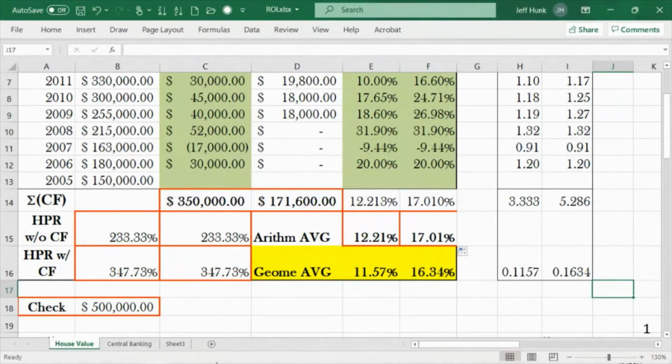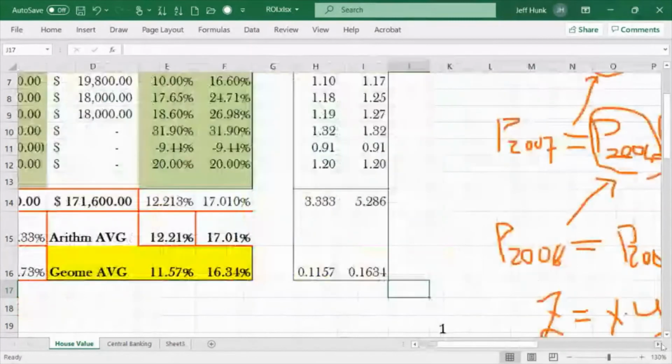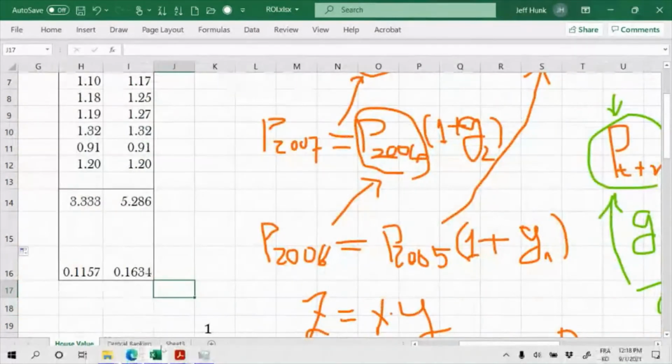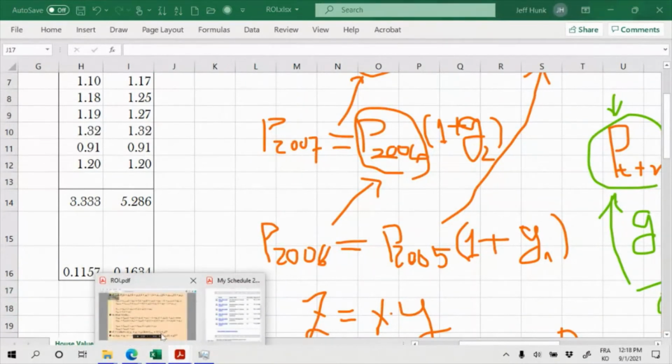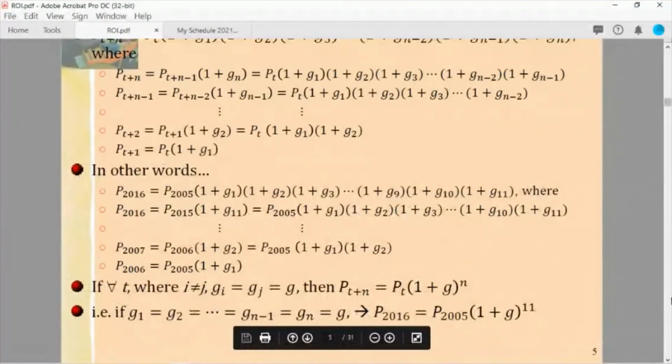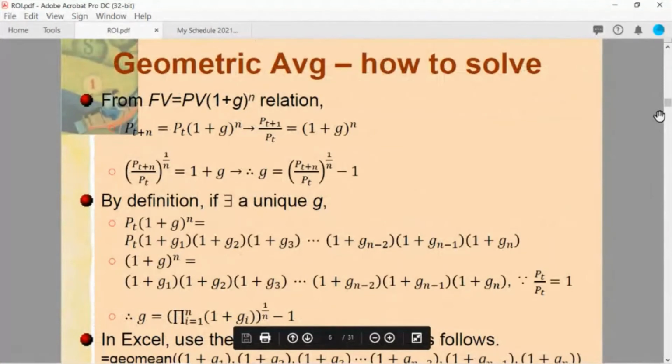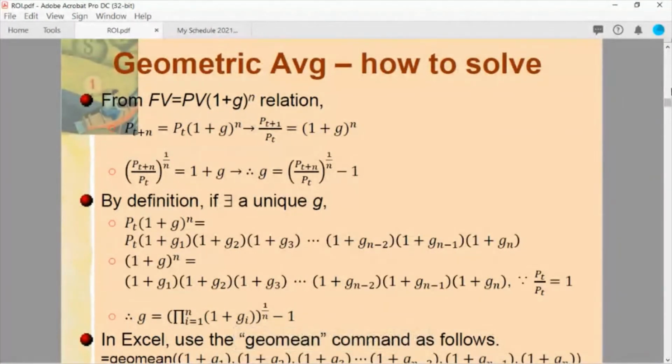So what is the geometric average? First, let me give you the formula, and let's talk about the steps of derivation.